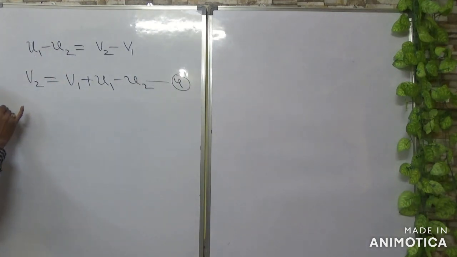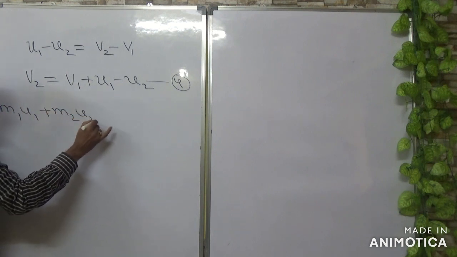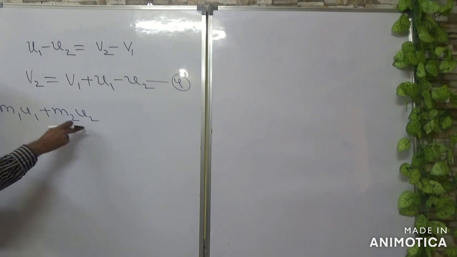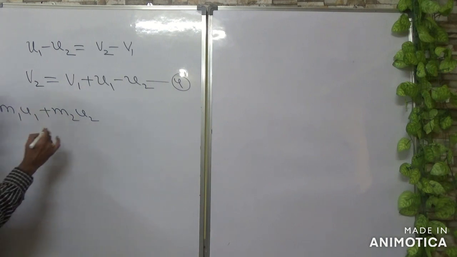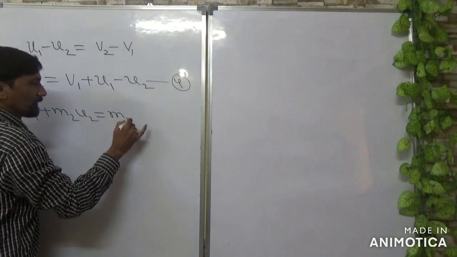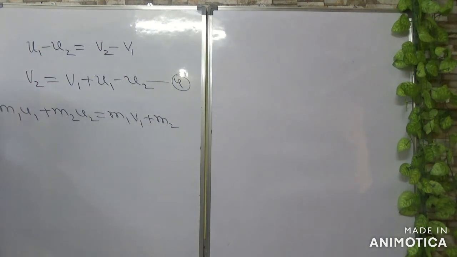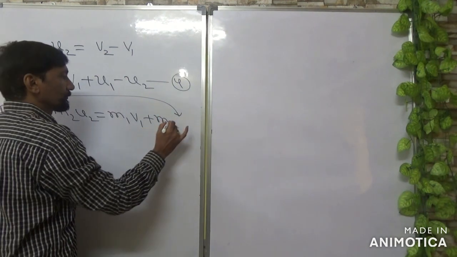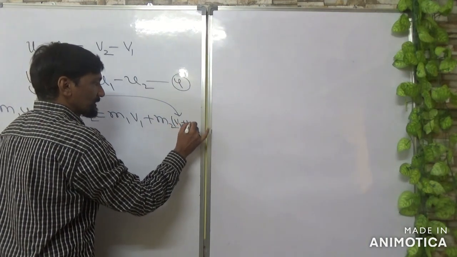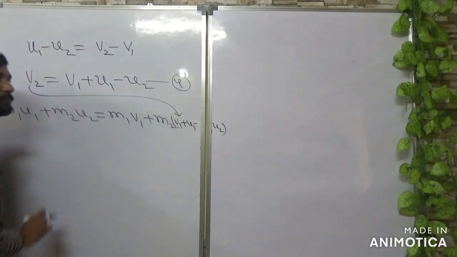According to conservation of linear momentum, the total momentum before collision is m1 u1 plus m2 u2, which equals m1 v1 plus m2 v2. So instead of v2 you can write v1 plus u1 minus u2.